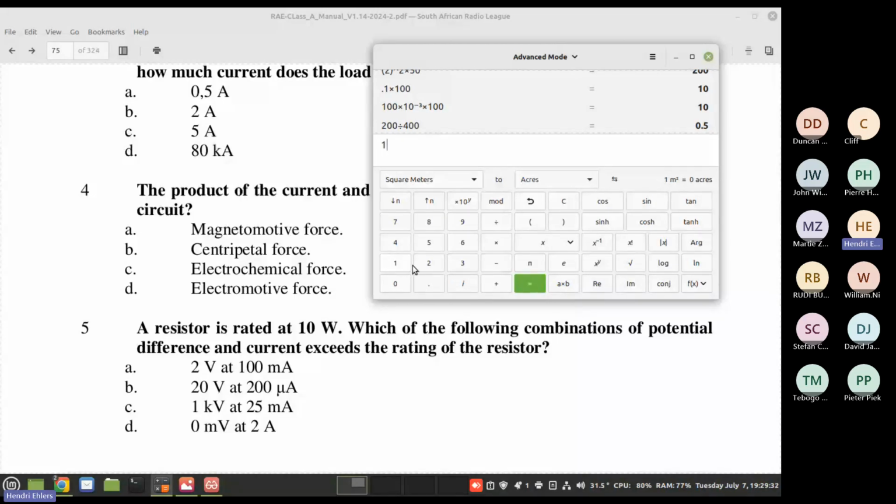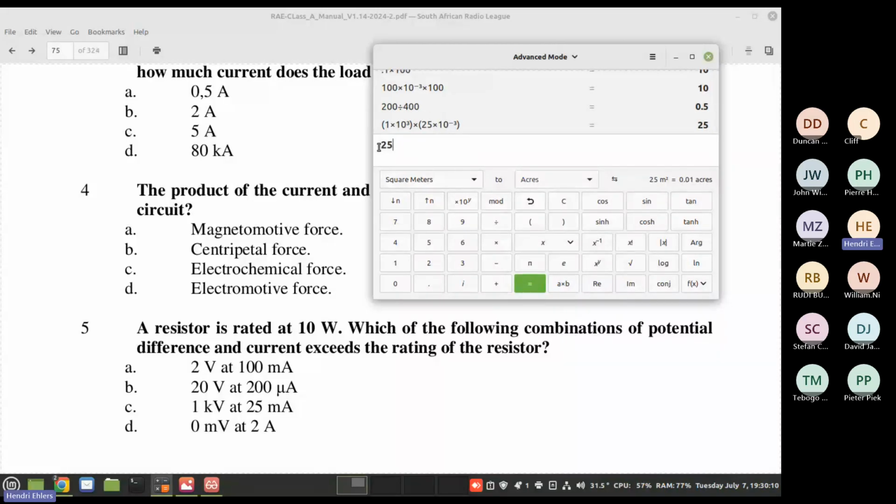So it's 1 to the power of 3, 25 to the minus 3, equals.